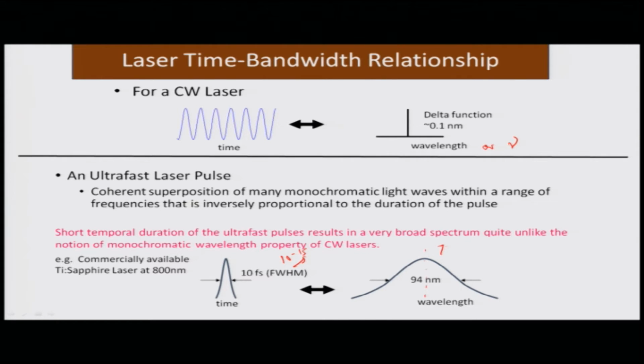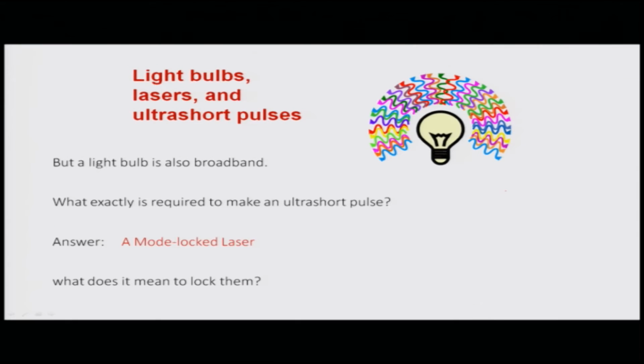So, it has say 800 nanometer center frequency, and this is a commercial laser, and we will discuss that in a minute. So, that is how the relation works for the time and frequency, and this is known as the time bandwidth relationship, which will be very useful when we are in this domain of ultra short laser pulses.